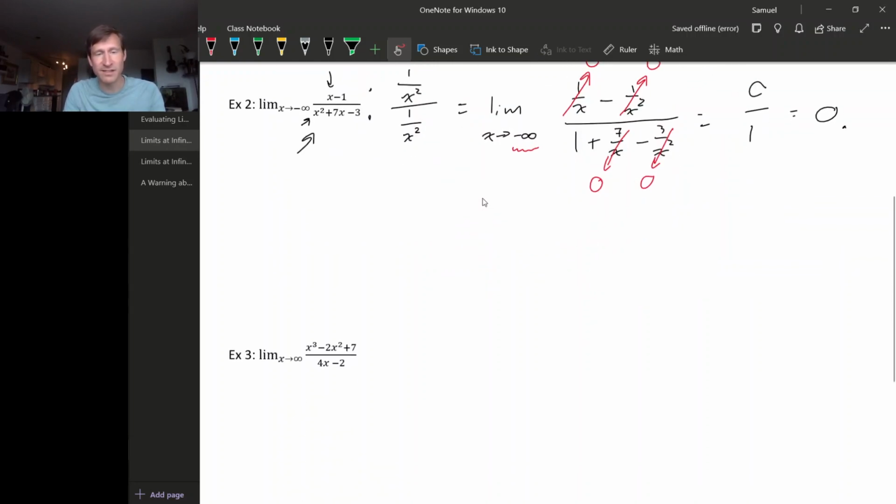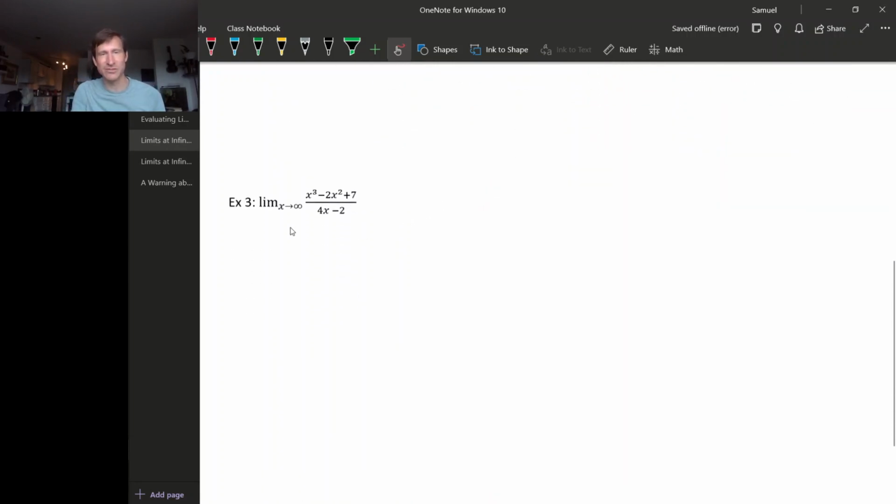All right, for a final example, let's look at this one. The limit as x goes to infinity of (x cubed - 2x squared + 7) over (4x - 2). Again, if you just plug in infinity, you get infinity over infinity, which just means you should try something else. Well, this trick with 1 over x really seems to be doing the job, so let's try it again.